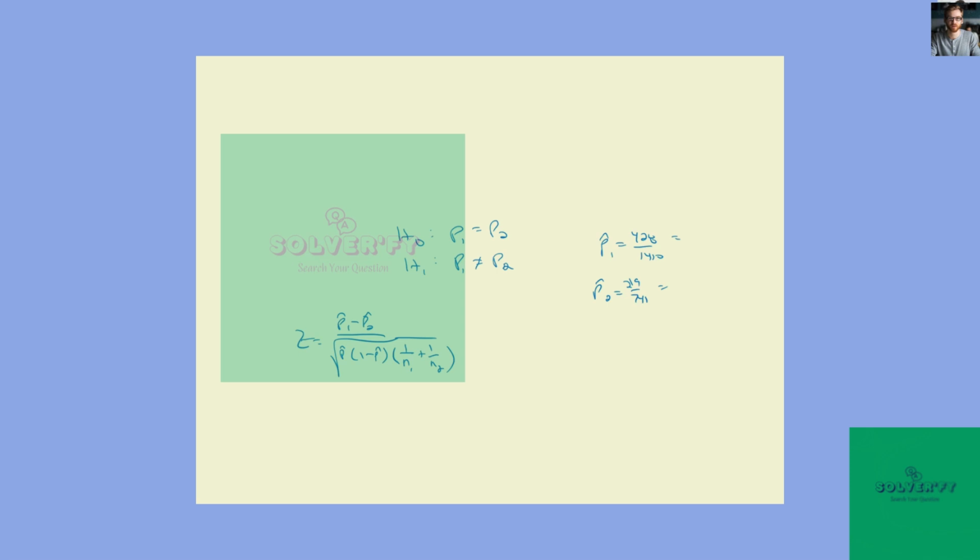Alright, so I'm going to take those to 4 places. We've got 0.3035 and 0.2955.